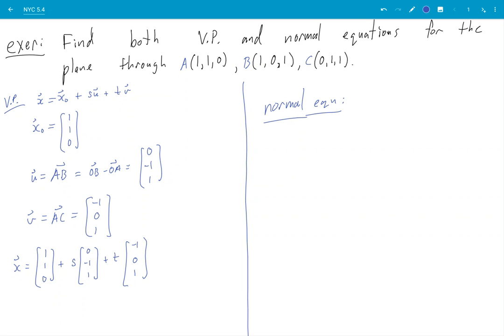So what did I get? x plus y plus z is equal to 2.